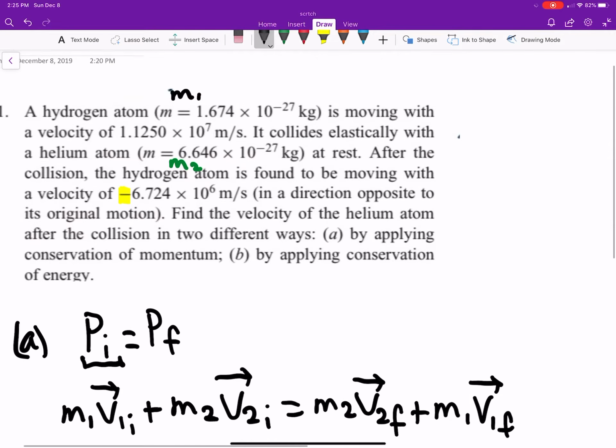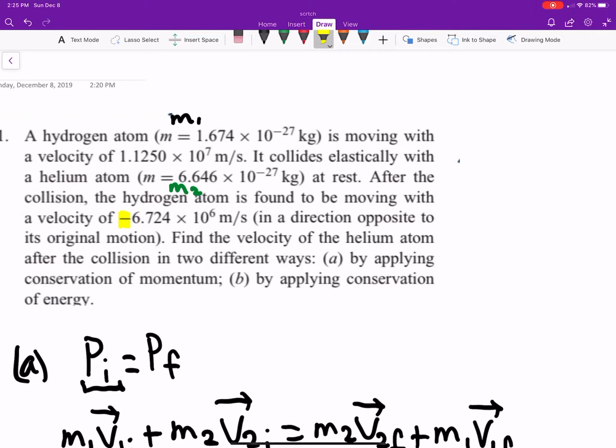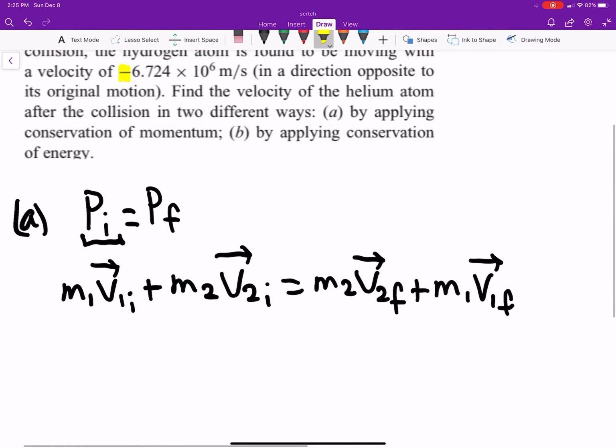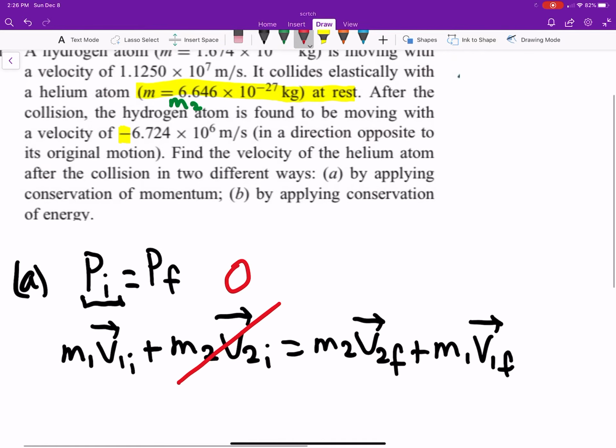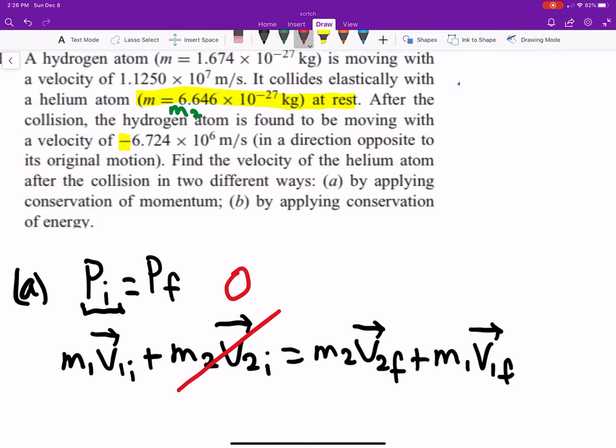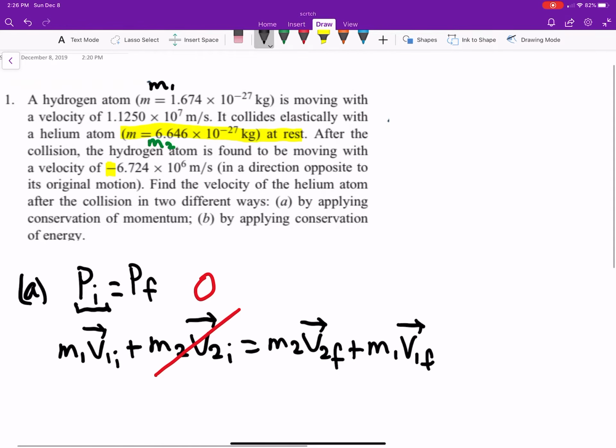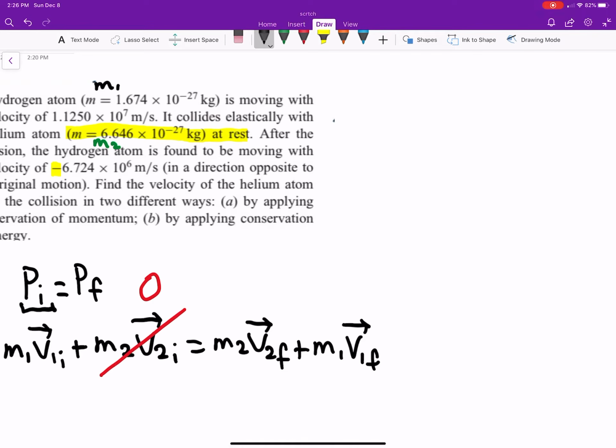Well, we can simplify this because it mentions that what we're calling the helium atom, mass 2, was initially at rest. So if that's the case, it doesn't have any initial velocity, so that goes away. Now, we want to find the velocity of the helium atom, the final velocity. So it's worth noting real quick what we have.